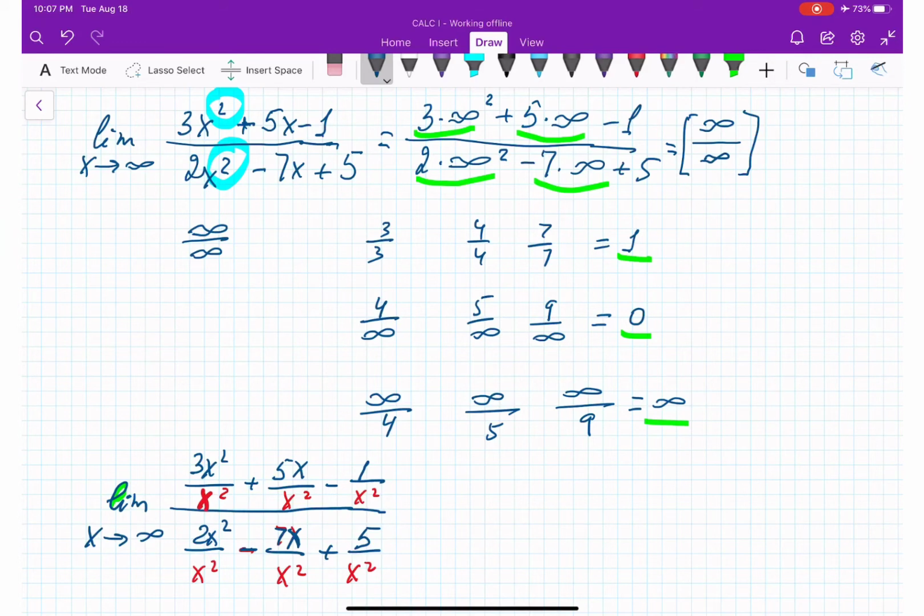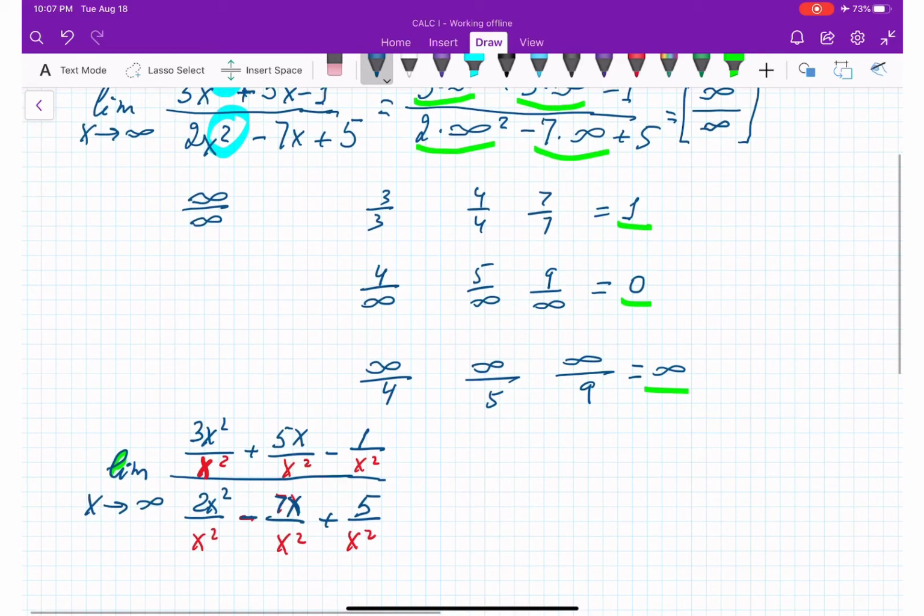Okay, so we divided by x squared. What are we going to get here? First of all, x squared and x squared are gone here. To remind you, when we divide x by x squared, we subtract exponents, right? When we divide the same base with different exponents, we subtract exponents and keep it where the highest degree is, in the denominator.